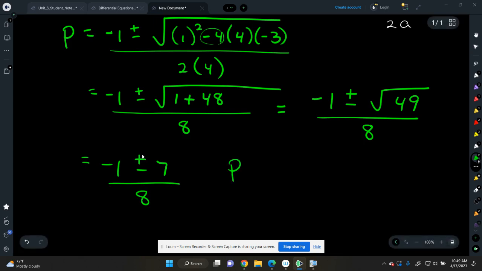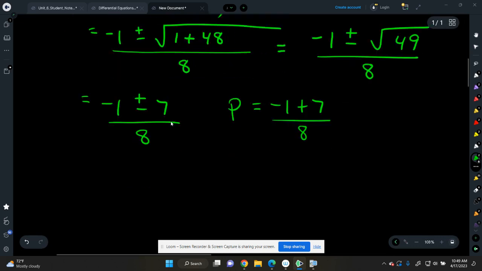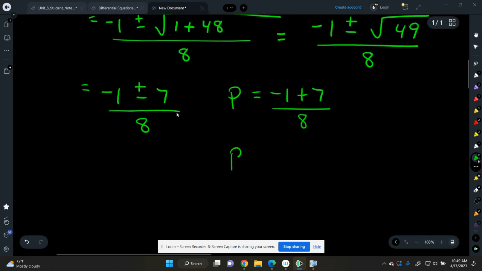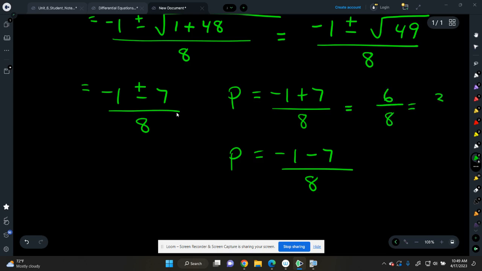So p equals negative 1 plus 7 over 8, and p equals negative 1 minus 7 over 8. This gives us 6 over 8, which is 3 over 4. This gives me negative 8 over 8, which is negative 1.